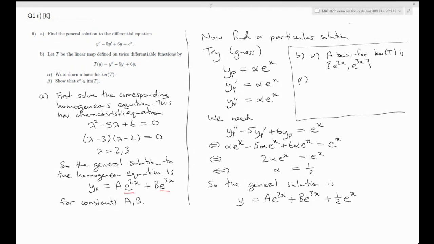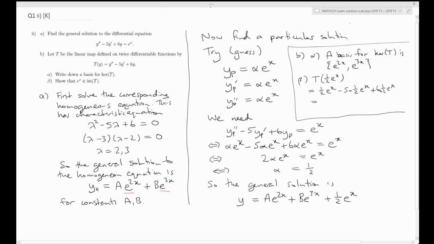So let's just check that. T of a half e to the x is equal to a half, second derivative, e to the x, minus 5 times the first derivative, which is a half e to the x, plus 6 times a half e to the x.